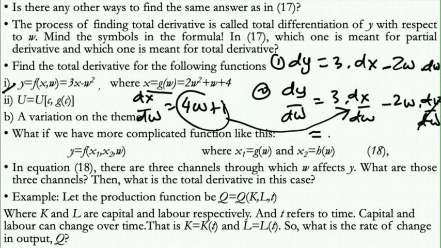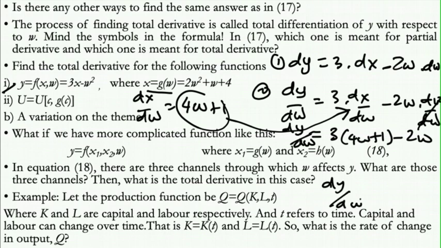So it becomes 3 times 4w plus 1 minus 2w on the right-hand side, with dy over dw on the left-hand side. Then you simplify until you get dy over dw equals 10w plus 3. This is how you do it. Don't do the partial derivative. Do the total derivative, if the question asks you to do the total derivative.